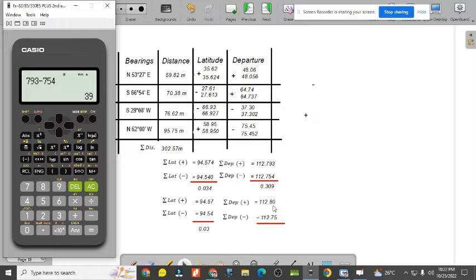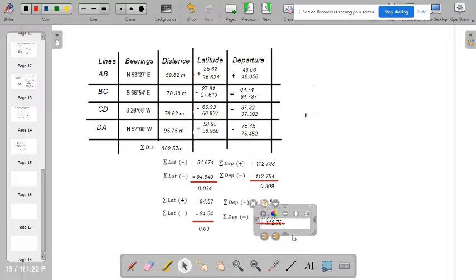It's 0.04, and here it's 0.05. So 0.03 here and 0.05 here. Their difference is quite large. This makes our answers different. So let's see the result of the calculator.